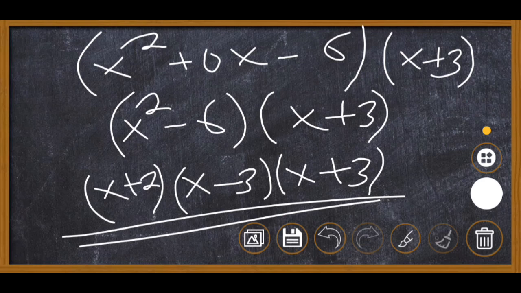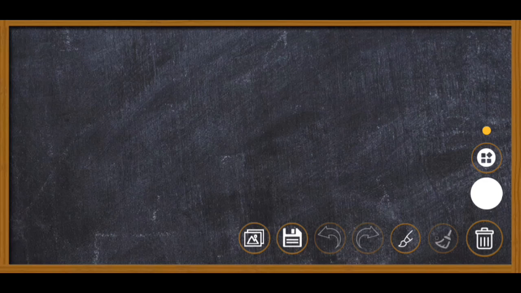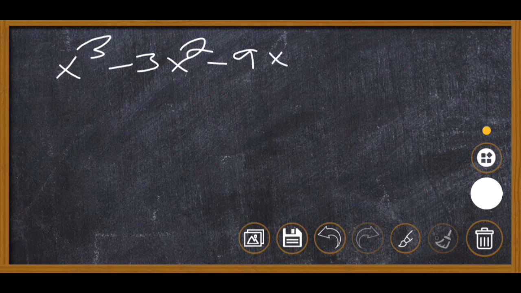So let's try one last example so that you can get a clear insight of whatever is happening here. So let's say you have x power 3 minus 3x squared minus 9x minus 5.